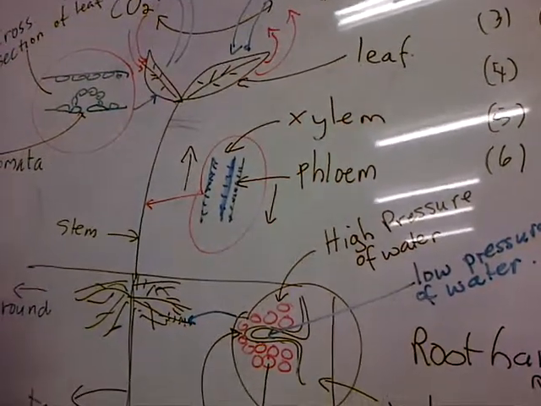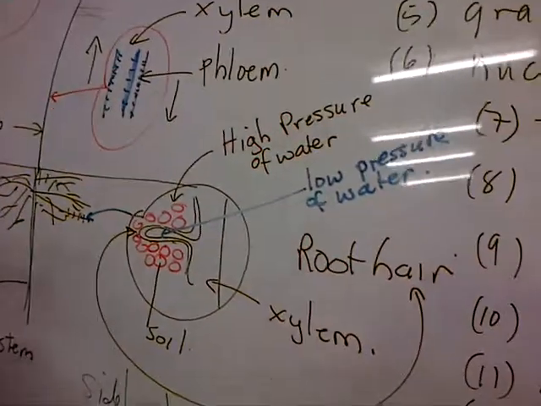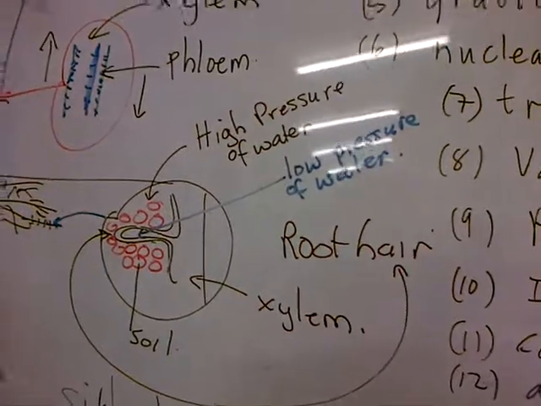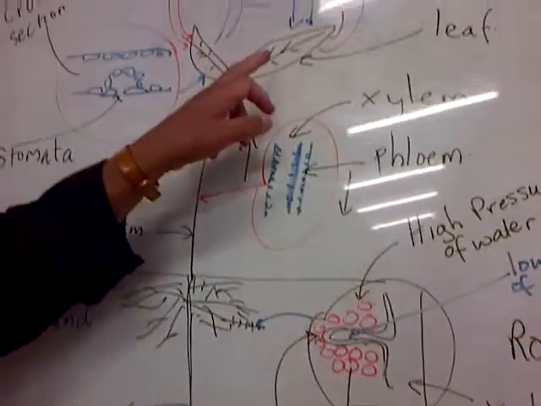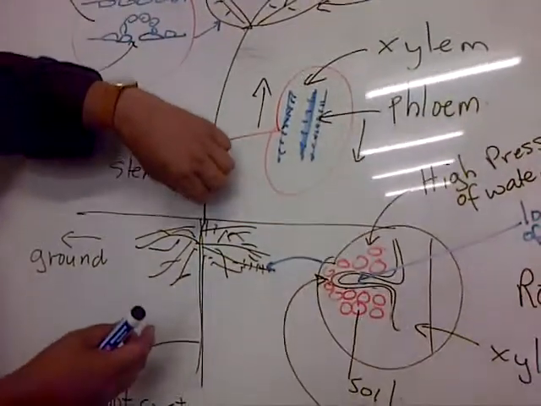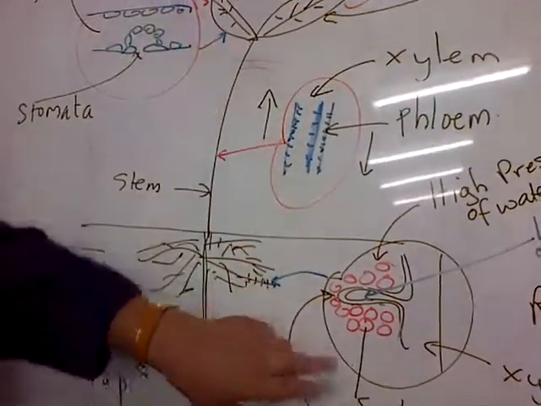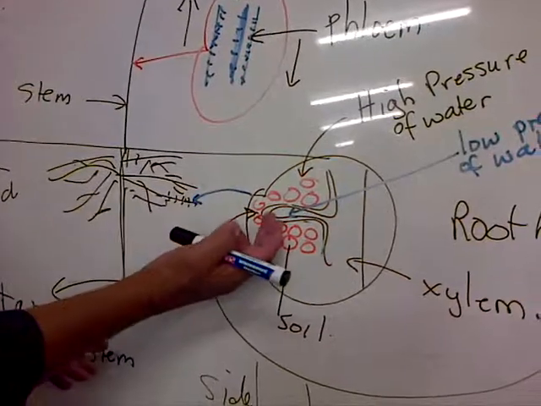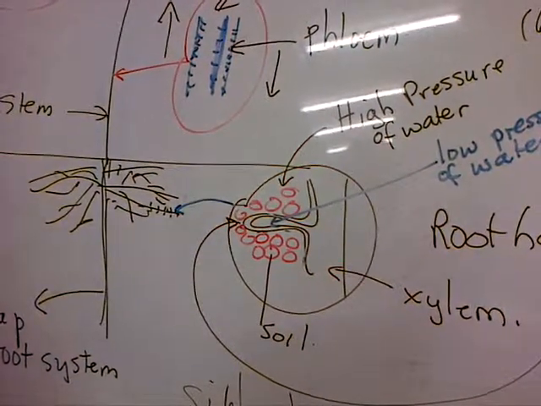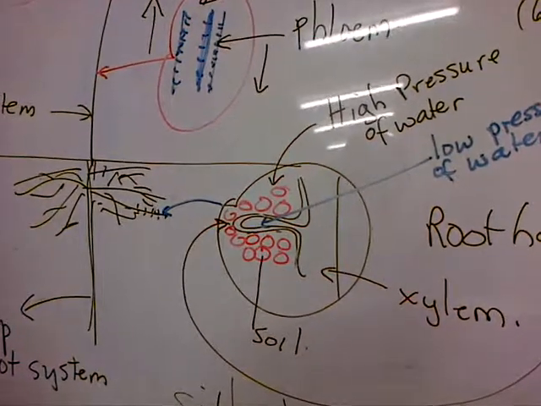Okay. Now, this is going to be a long video, but I have to do it all together. As the water comes up here, it sucks the water up every time from the root, but it can only do that because there is a gap that is created every time in the tubes.